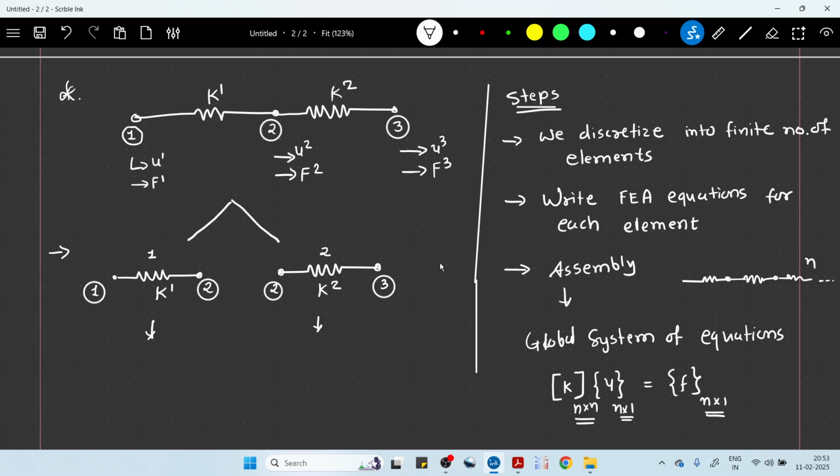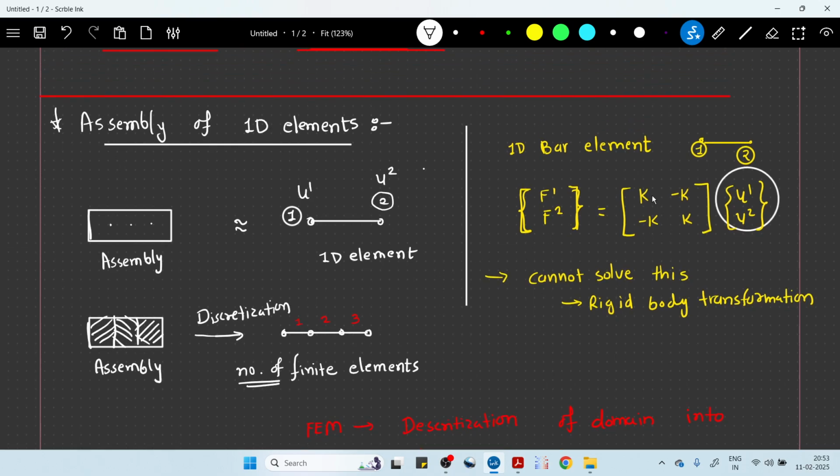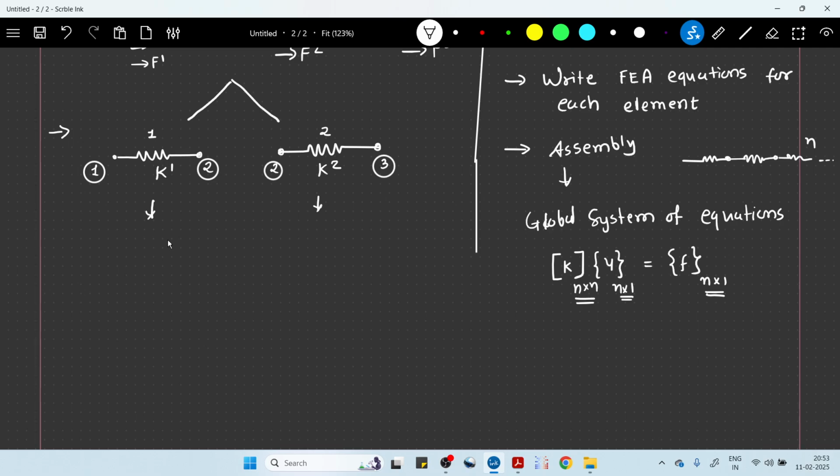We know the FEA equations from the previous two lectures. It is f1, f2, equal to the stiffness matrix k, minus k, minus k, k, times the vector u1, u2. So we'll apply this here. For element number 1, we can say f1, f2. The superscript is for node, and for the element I'll put a subscript.